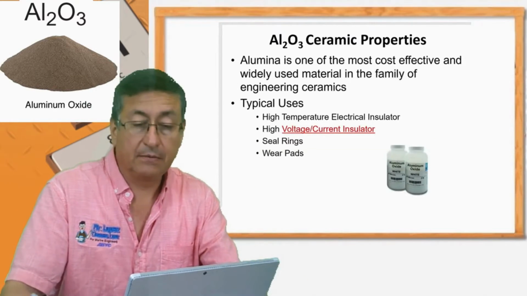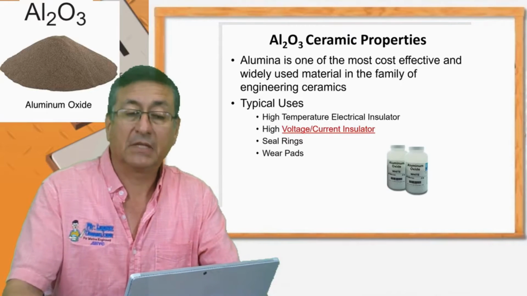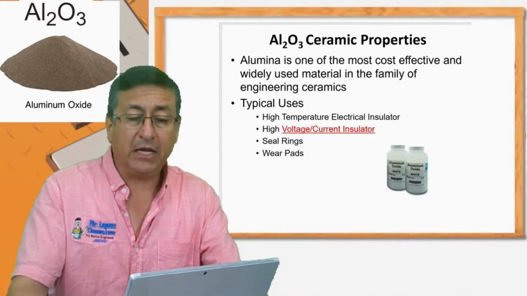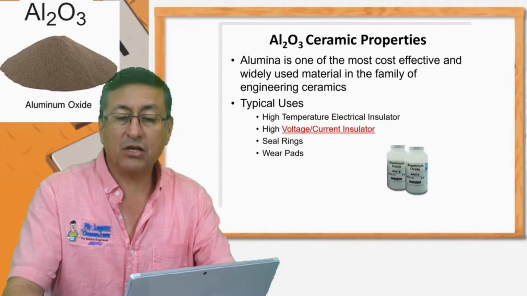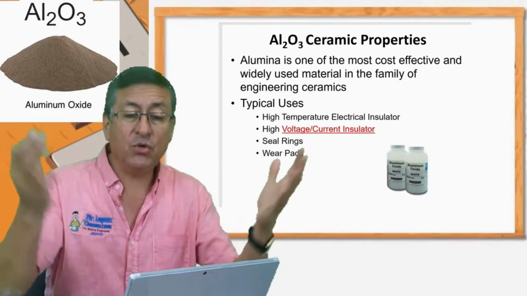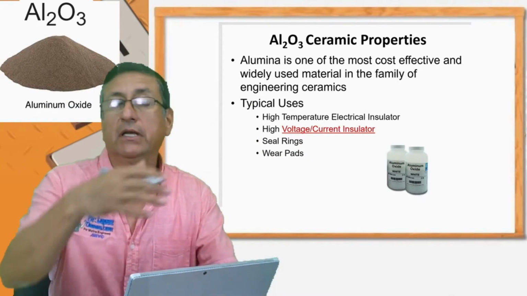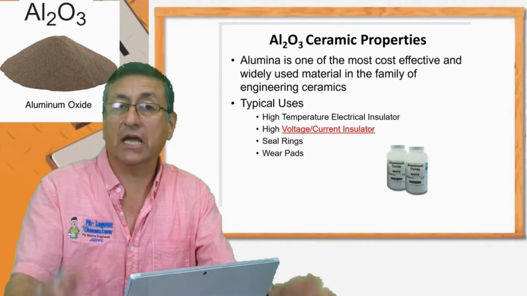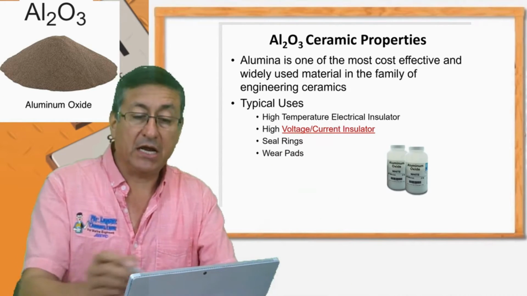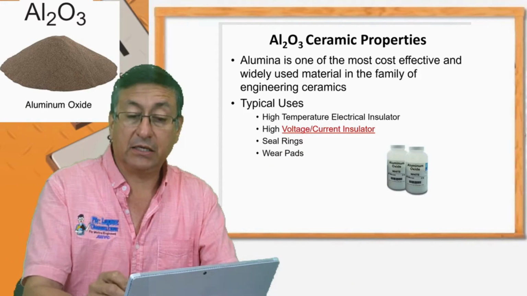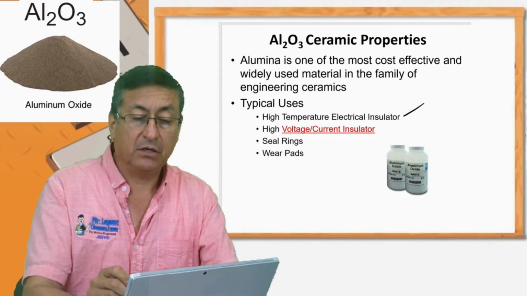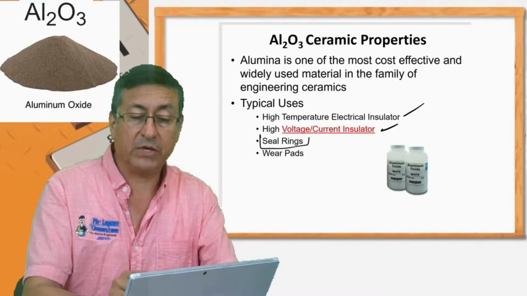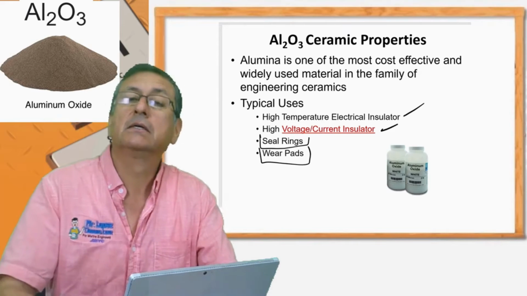Aluminum oxide properties, like ceramics. Alumina is one of the most cost-effective and widely used materials in different areas of engineering. They are used as electrical insulator, thermal insulator, high voltage insulator, as a seal in O-rings, like the pads on the brake pads.